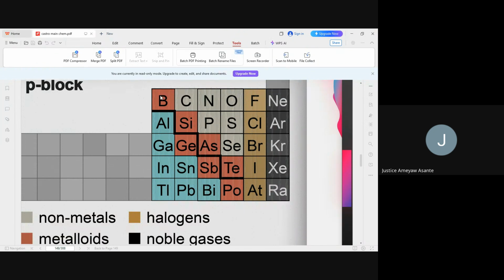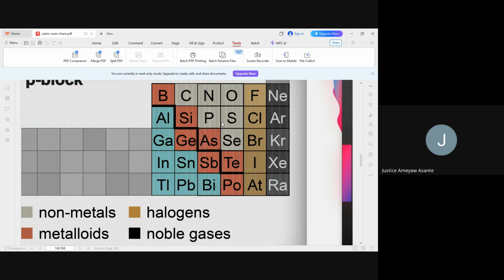Now the rest, you have the semi-metals and non-metals. In the non-metals, we have the halogens, the noble gases, and other non-metals.